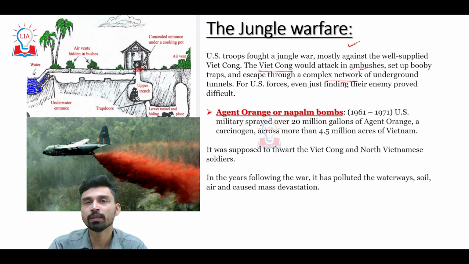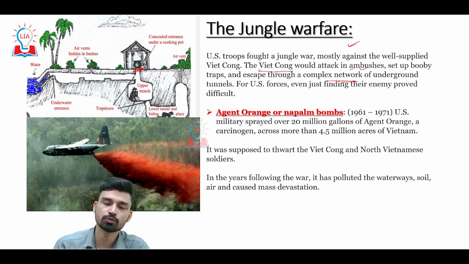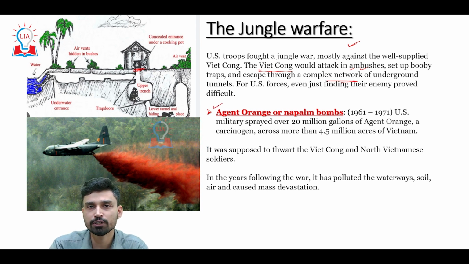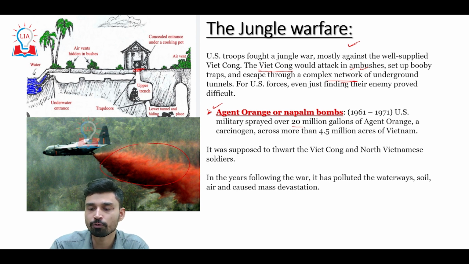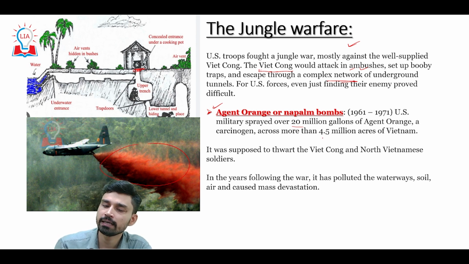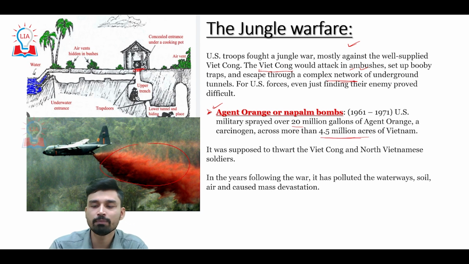It was during this time that the US forces realized that in such dense forest, without proper knowledge of the local terrain, it would be very difficult to fight the Viet Cong soldiers. They started to use in large amounts what is called Agent Orange or the napalm bomb. Between 1961 and 1971, it is believed that the US military sprayed over 20 million gallons of Agent Orange, which is basically a carcinogenic agent, over 4.5 million acres of Vietnam.